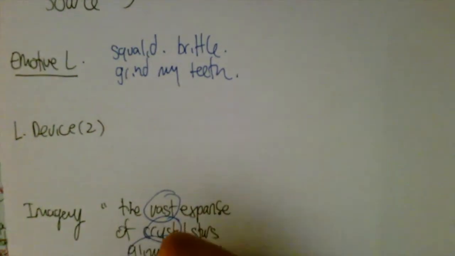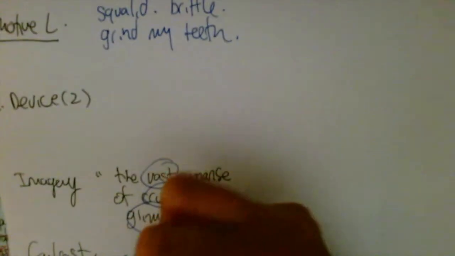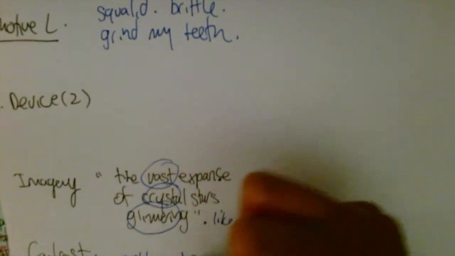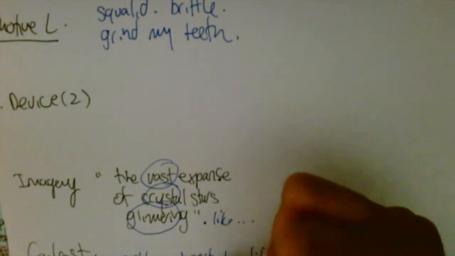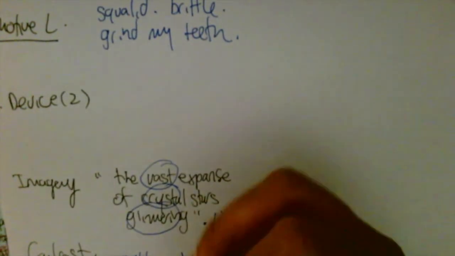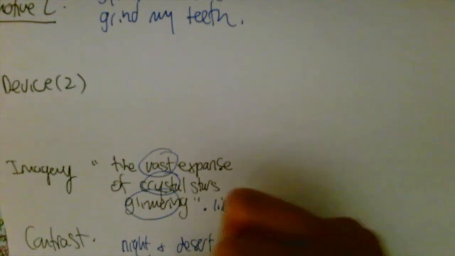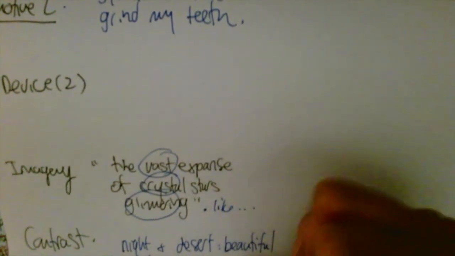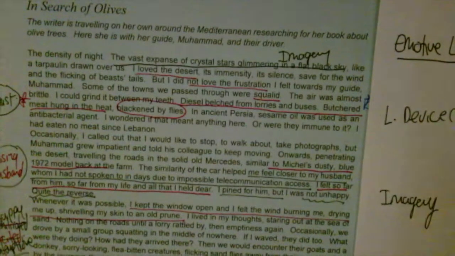So, the contrast I'm getting is between the night and the desert, which are beautiful, and the meat and the cars, which are disgusting. Okay, I'm going to keep moving.